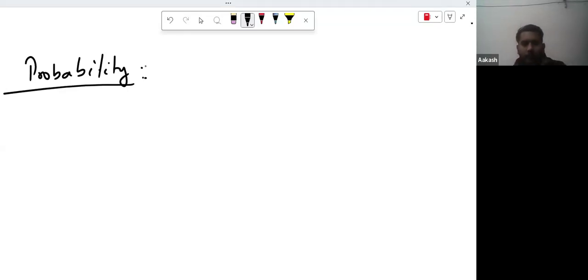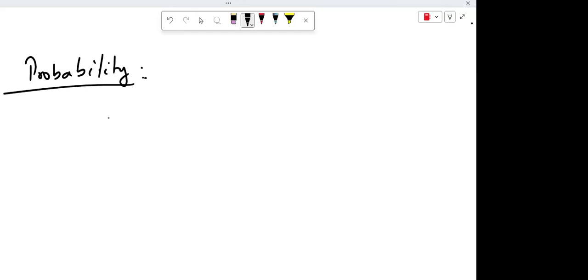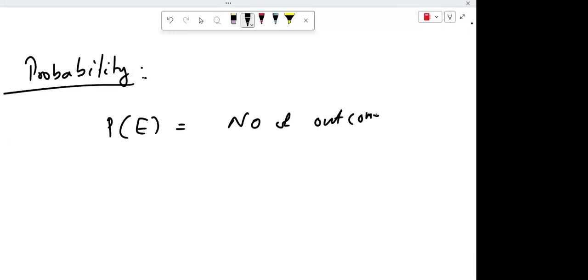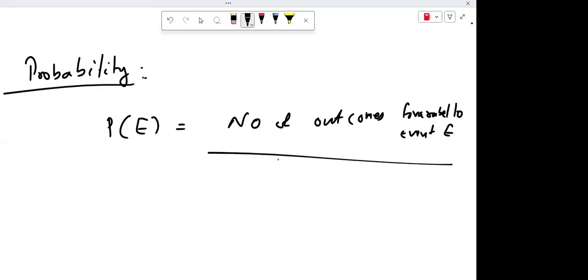Yes, sir. Okay, so what is probability? That same thing we have been doing since we were children, right? Write down the formula directly. We do not need the definition. Number of outcomes favorable to event E upon total number of outcomes.